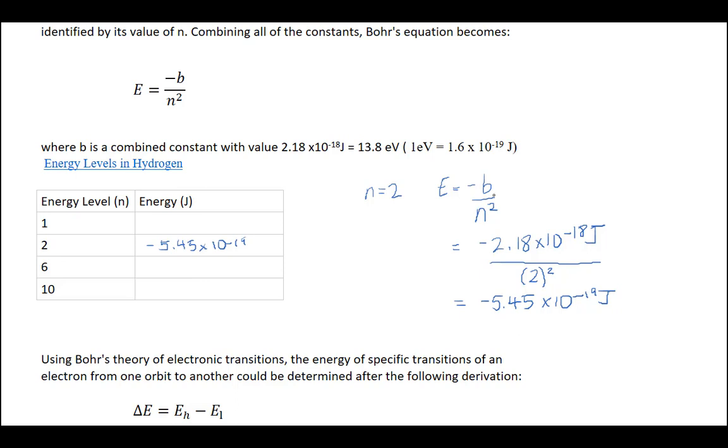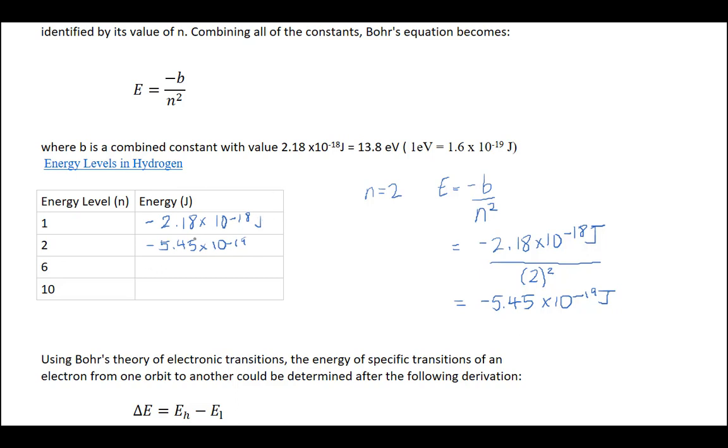So when I take this same constant, it's the same for all the energy levels, and I sub in different values for n. The value that I get for n is equal to 1 is negative 2.18 times 10 to the negative 18. Oops, I don't need to put joules.